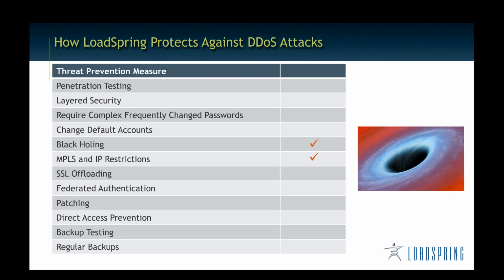LoadSpring has not been targeted directly, but there have been times where we have been impacted by a denial of service attack that was directed against somebody else at that internet service provider or on that DNS service. And so we were able to quickly work with our vendors to mitigate that. And the duration has not exceeded 30 minutes in most cases. But if it is a concern, the best way to protect against that is with that direct MPLS connection.